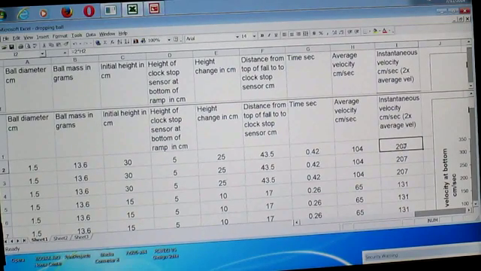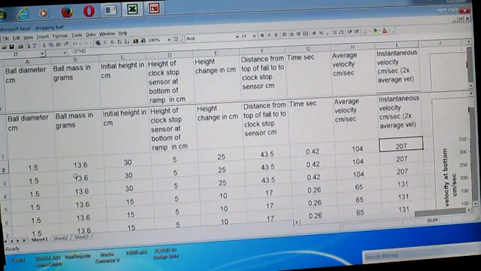So I just doubled this number right here. So we have the ball diameter, we have the mass, and we have the height change, which is very important. We have the distance the ball fell, we have the average velocity, and we have the instantaneous velocity. The time in seconds is what we measured on the timer.